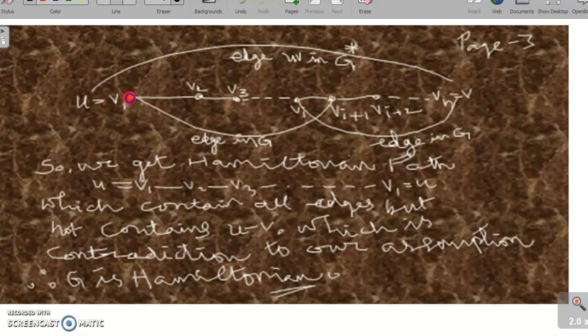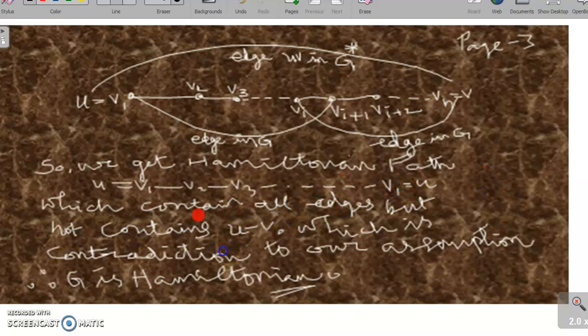What is the contradiction? U is a Hamiltonian path, but the condition is that with G plus UV you have to take it, then only it will be Hamiltonian. But without adding this UV, I am starting here, coming over here, then moving here, then coming over here, again coming to this. So I am getting a Hamiltonian path.